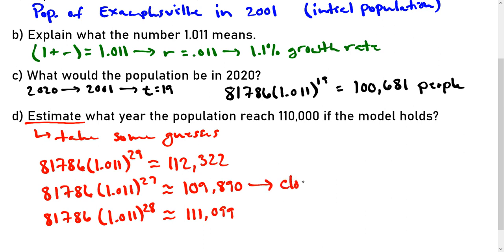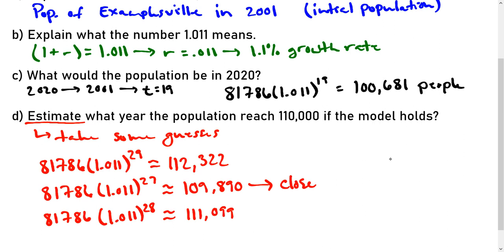Probably that one. Okay. So if we have a value where t is 27, that's going to be 27 years after 2001. So, in 2020, it was 19 years. So if we add 8 years to that, we'll get the closest.